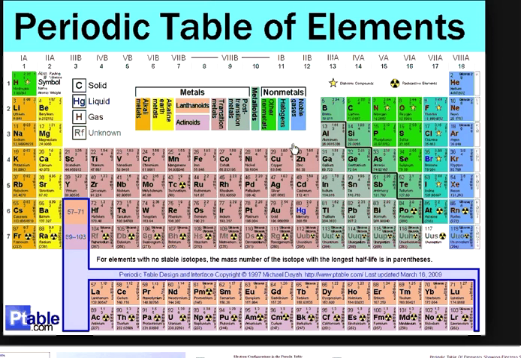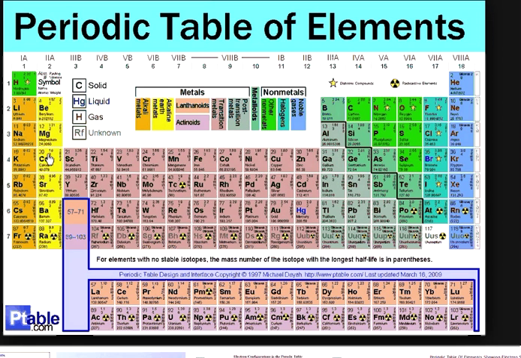Now you can tell if you look here, there are 2 families that they designate on the periodic table, either metals or nonmetals. What I like about this one is that, since it's color coded, all of the ones that are these colors here are what we consider metals. So this would be a metal. This is considered to be a metal. This is considered to be a metal.